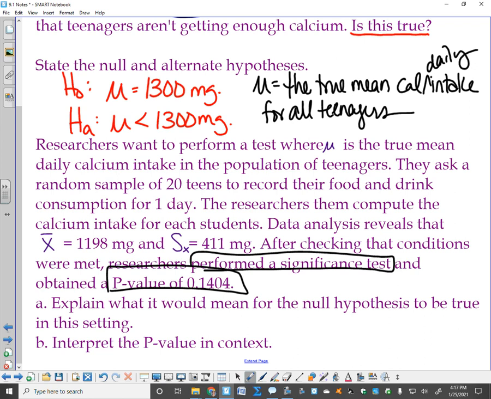Explain what it would mean for the null hypothesis to be true in this setting, and interpret the p-value in context. Explain what it would mean for the null hypothesis, go look at your null hypothesis, to be true in this setting. Then interpret the p-value in context.